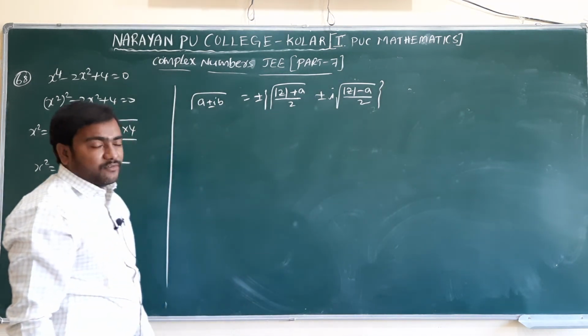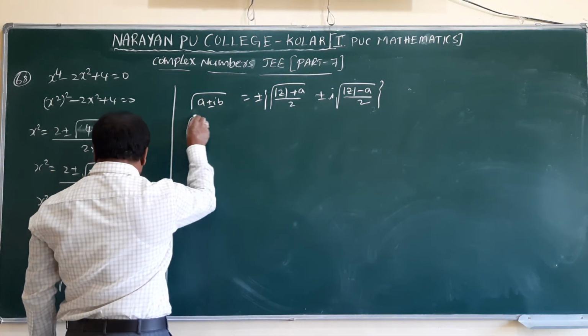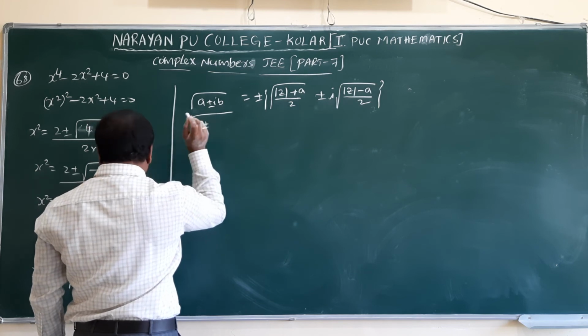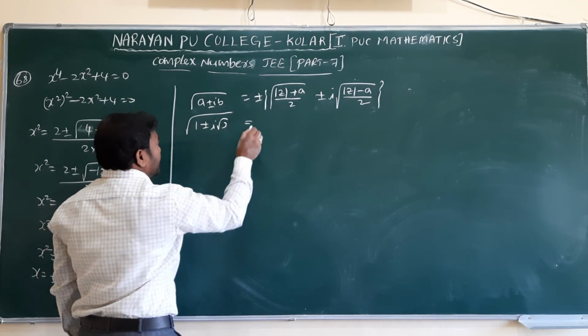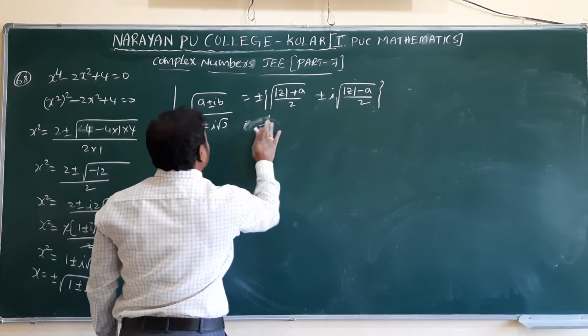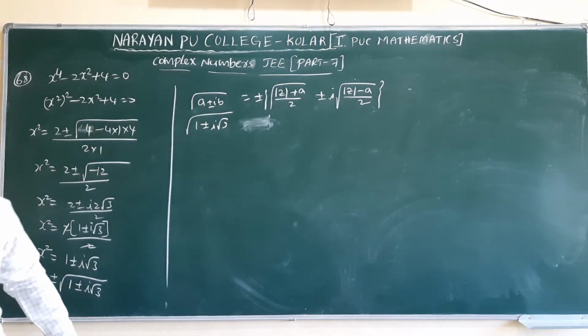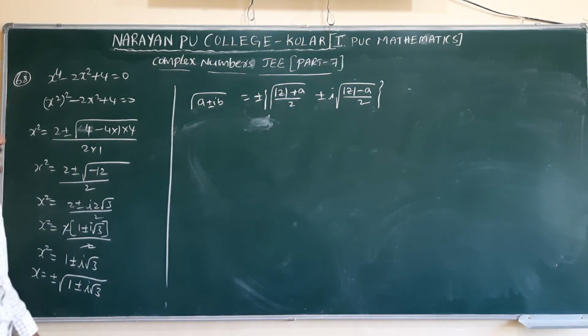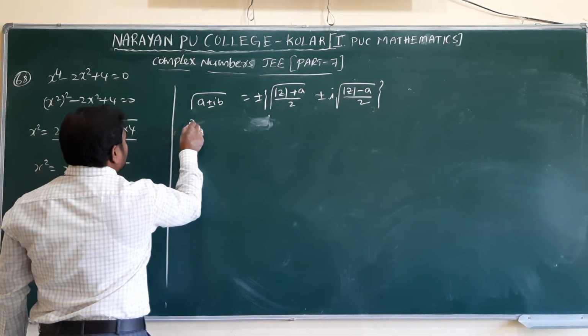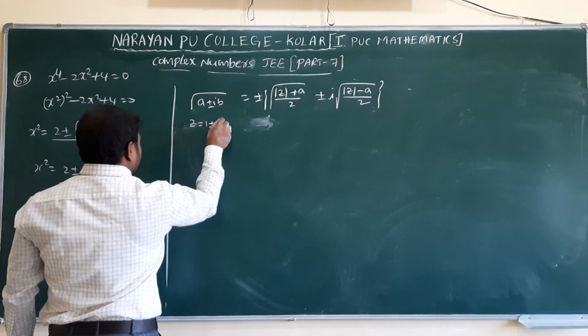Apply this formula. Square root of 1 plus or minus i root 3. First we have to find mod z, where z is equal to 1 plus or minus i root 3.